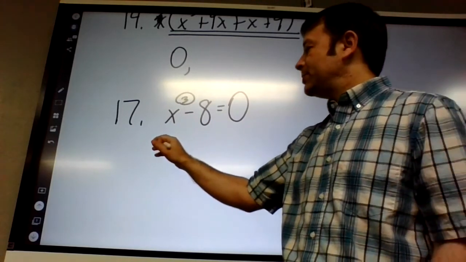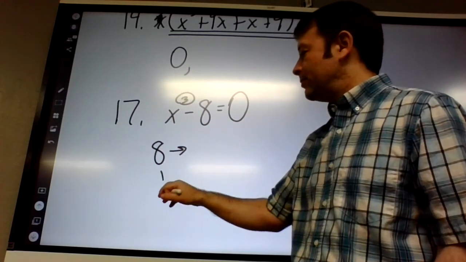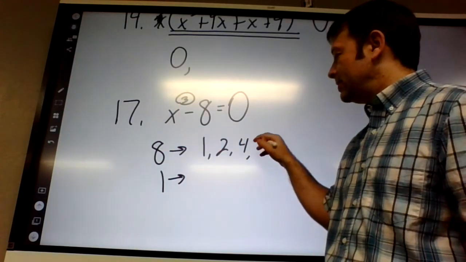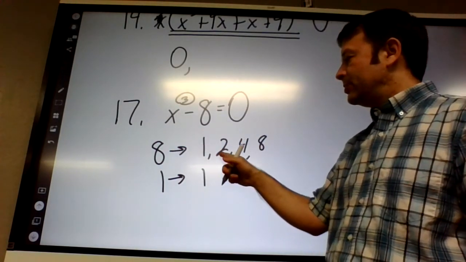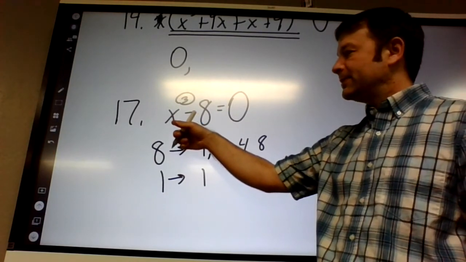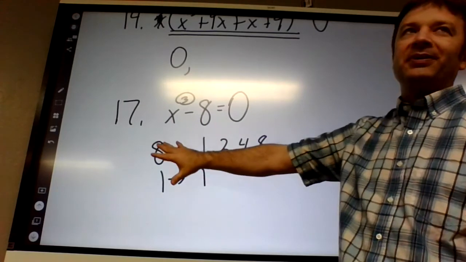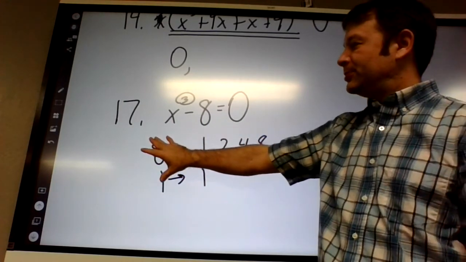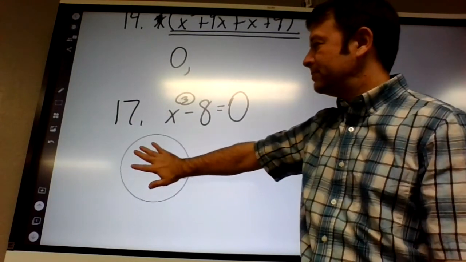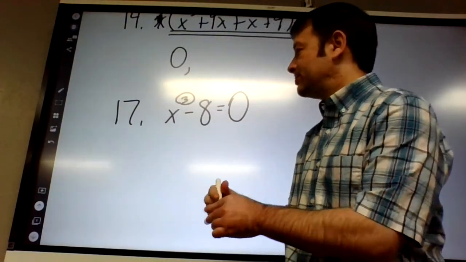We could have done the trick of the factors of 8 over the factors of 1, and then 1, 2, 4, and 8. But we already know that 2 is going to work right here because 2 times 2 times 2 is 8. So we can skip this part because we know 2 is one of the answers. We're supposed to have 3 answers, but 2 is one of them.